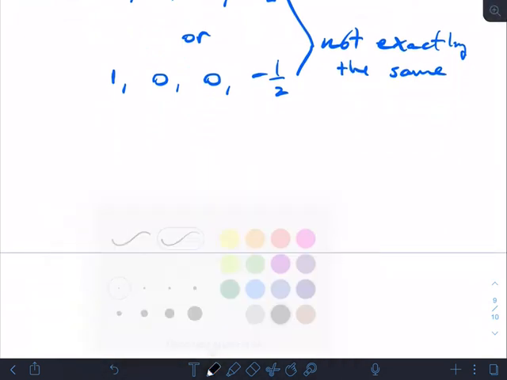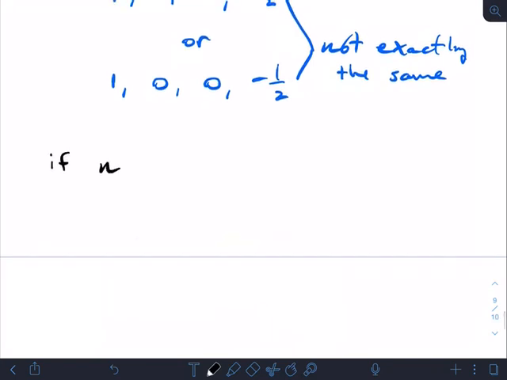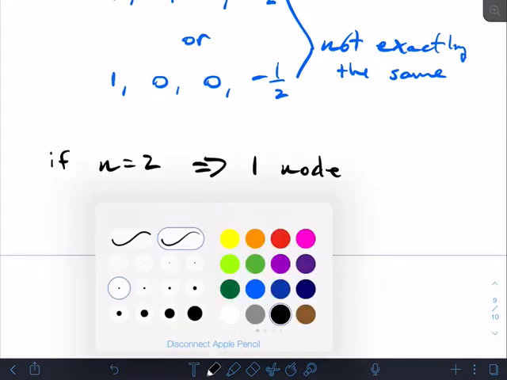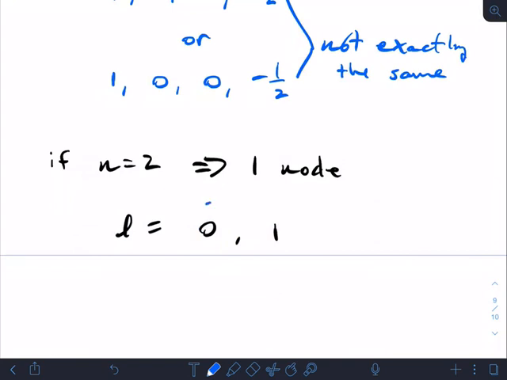Now, if we are dealing with, let's change up to black. So if n equals 2, that means that I have 1 node, right? So then L can be 0 or 1, okay?